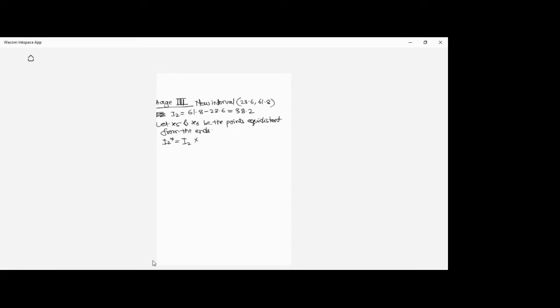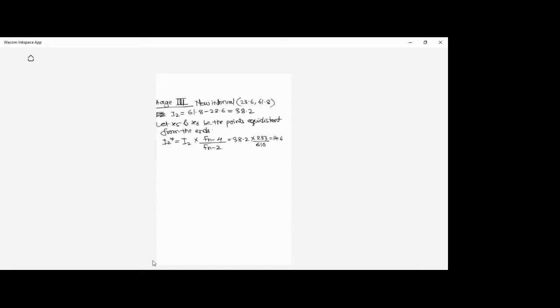I2 into, previously it was Fn minus 1, now it will be Fn minus 2, and in the numerator it will be Fn minus 4. Substituting the values, I2 we have is 38.2 into 233 divided by 610, and it comes out to be 14.6.